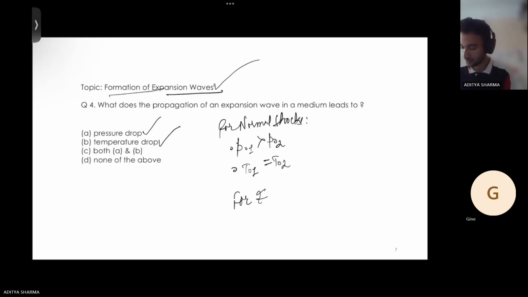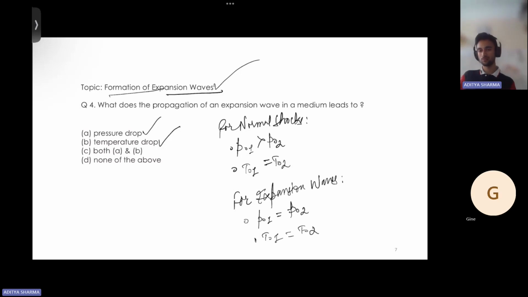But for expansion cases, there are no pressure losses, and for the temperature, the case is the same as for normal shocks. So this is about the flow properties in case of expansion waves.